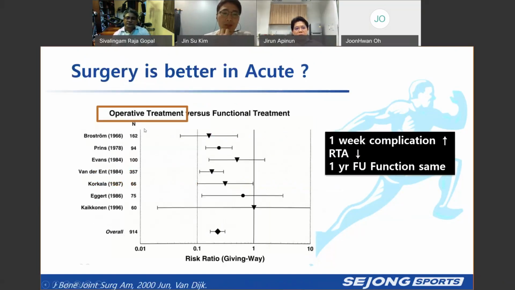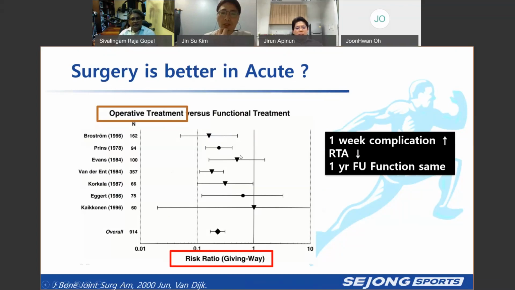But in the report, operative treatment is better than functional treatment, especially for giveaway. So we usually see that patients at follow-up have some remnant giveaway, but they have no symptoms.